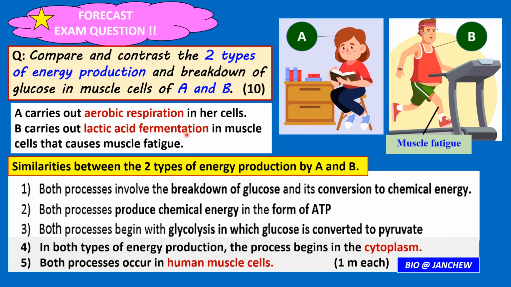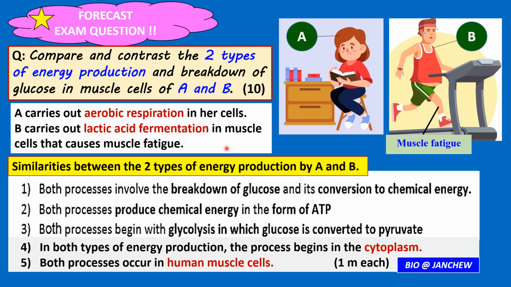Can it be alcohol fermentation? No, because alcohol fermentation occurs in yeast and paddy plants, unless they show the yeast cell here instead. All right, so since it's the human muscle cells, it is lactic acid fermentation that's occurring to cause the muscle fatigue. Okay, so these 2 lines here may be 1 or 2 marks.